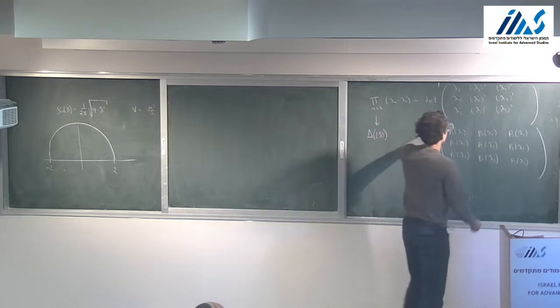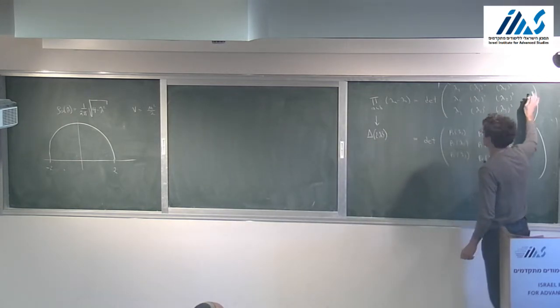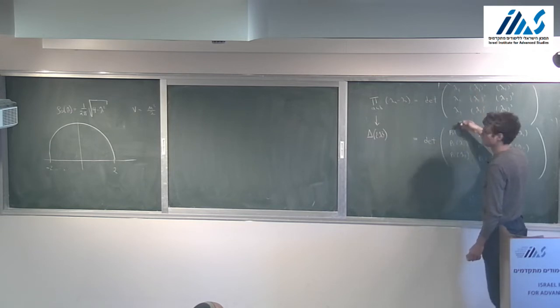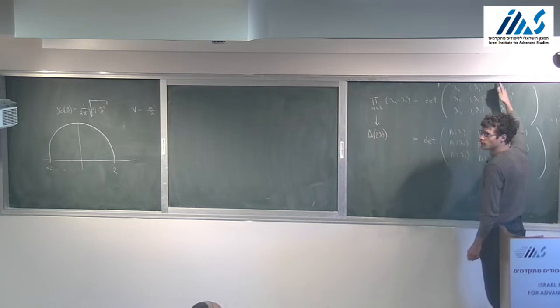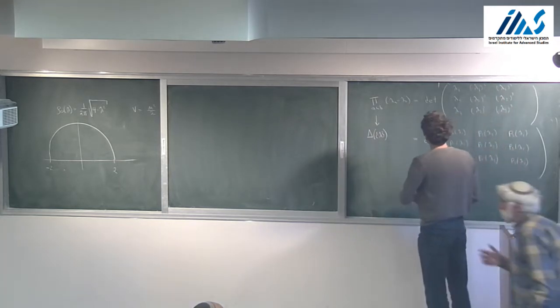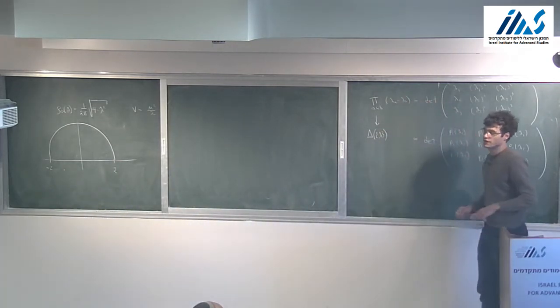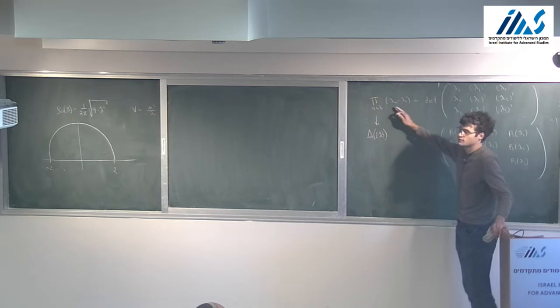We can write this as a determinant of the following matrix. In the first column, we have just all of the eigenvalues of the matrix. In the second column, we have the eigenvalues squared. In the third column, we have the eigenvalues cubed, and so on. It's a fun exercise to show that this is the case. You can use the fact that it's a totally antisymmetric polynomial with the right degree, and that it vanishes when eigenvalues coincide with each other.